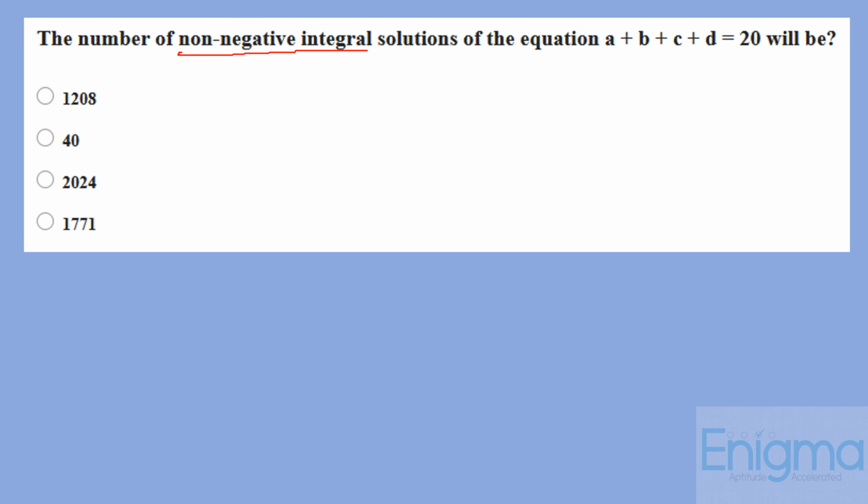For example, if the equation is x1 plus x2 plus x3 until xr is equal to n, the number of non-negative integral solutions is n plus r minus 1 C r minus 1.